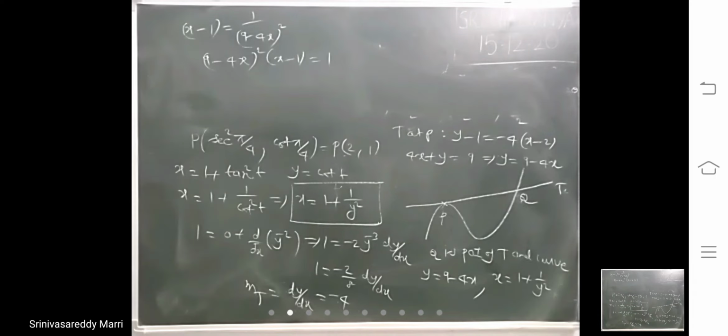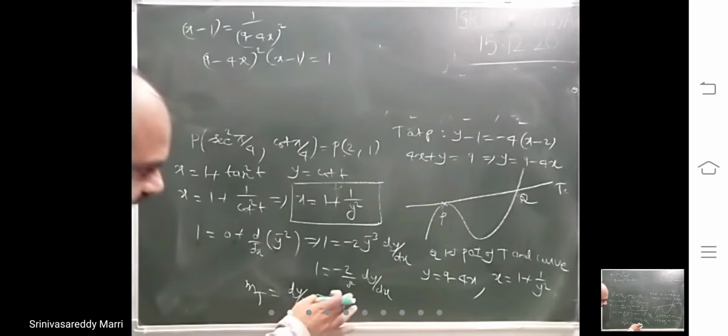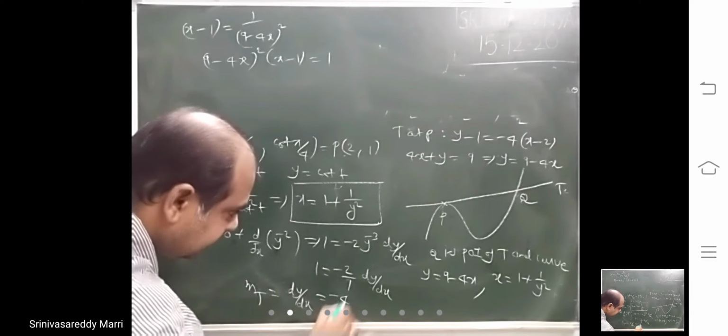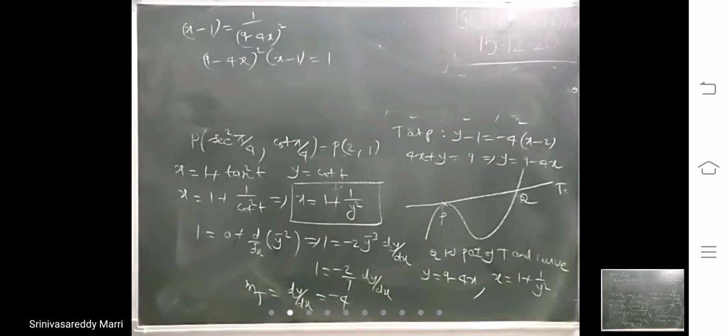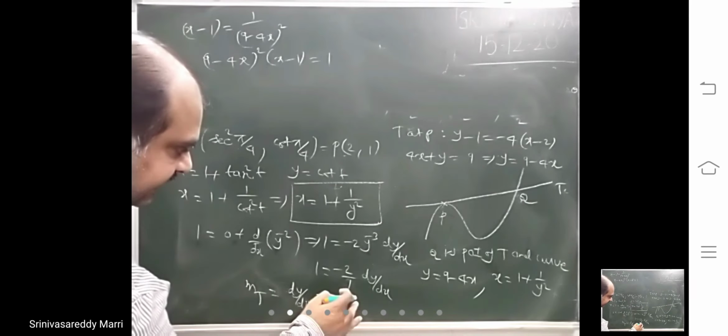Sorry, the tangent at 2 comma 1, the tangent is correct only. Check, I have substituted x.